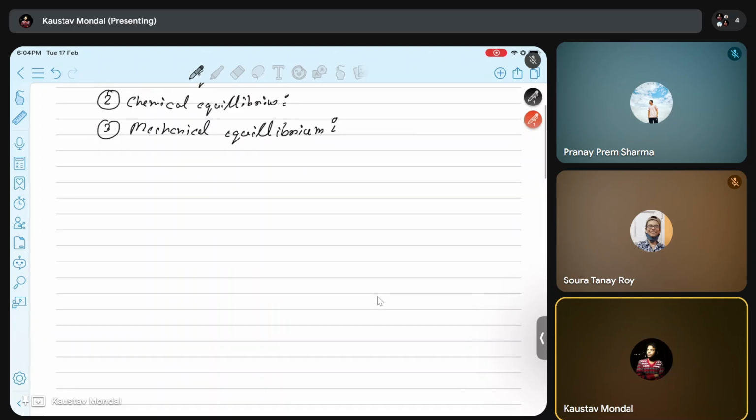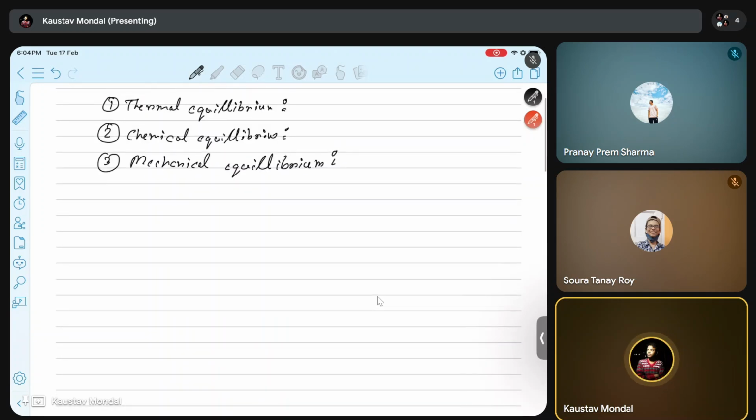So the origin of the thermal disequilibrium is the temperature gradient, right? If in a system a temperature gradient arises, this basically causes the heat to transport from higher temperature to lower temperature region, right?